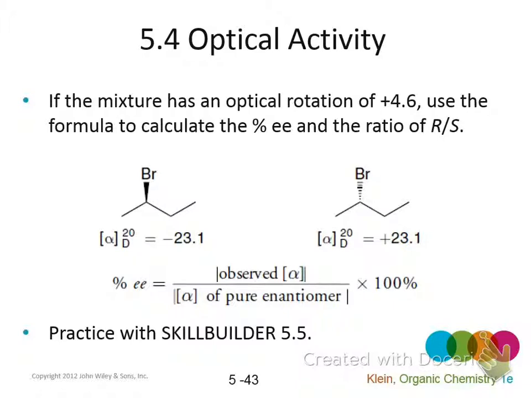The other way that you can think about this calculation is you can calculate the EE of a mixture simply by taking the observed rotation and dividing it by the rotation of the pure enantiomer, because that's the fraction of rotation that's not canceled out. Make sense? Fraction of the rotation that's not canceled out.